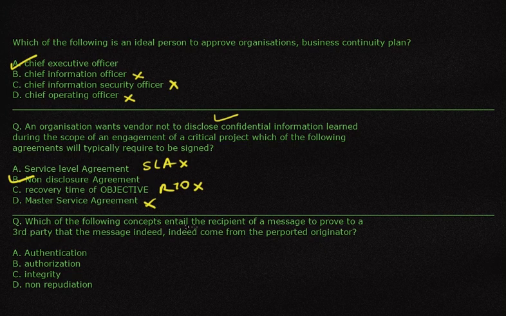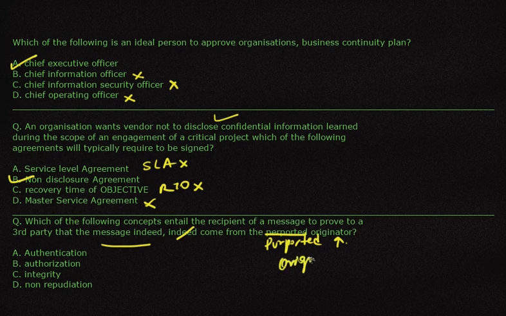Which of the following concepts entails the recipient of a message proving to a third party that the message indeed came from the purported originator? There is a spelling mistake here, it is purported. So it is indeed sent from the original originator.